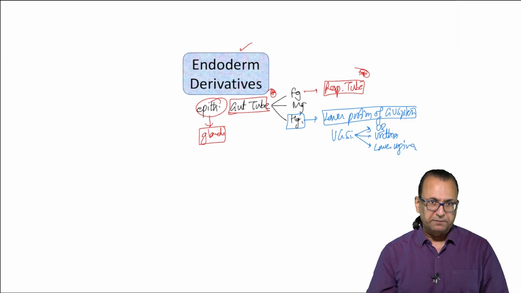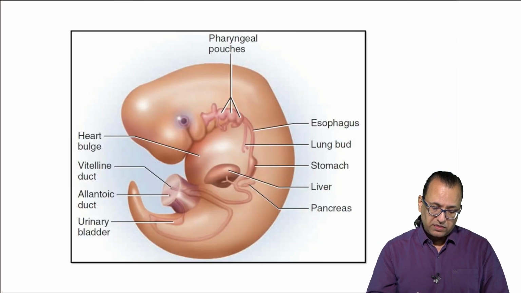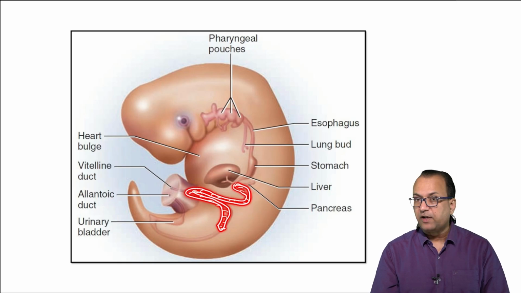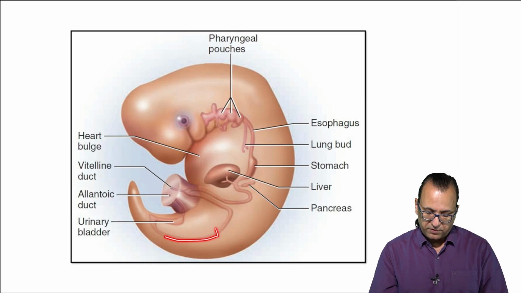before we draw our own diagram. Now in this diagram you can see we are looking at the foregut region here, initial part, and then we are also having the next part which is the midgut here, and then we can also look at the terminal part which will be the hindgut region here.